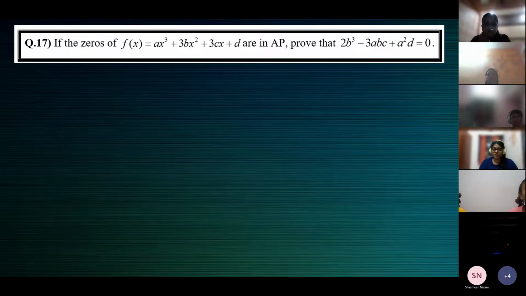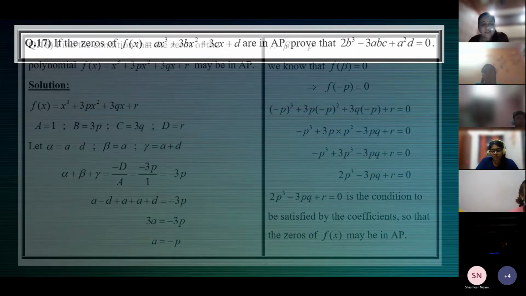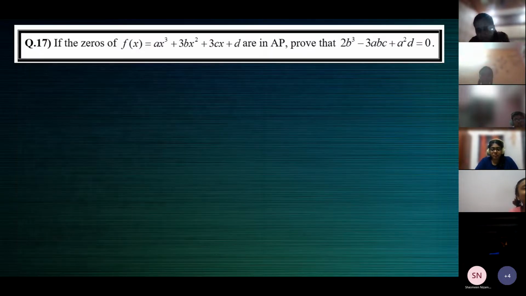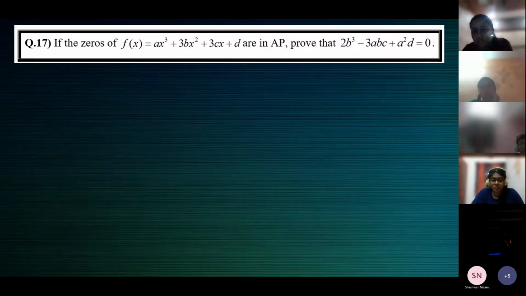Yeah, this is a similar one. You can try this yourself. Instead of asking you to find the condition, the question is just put in a different way. It is exactly like the previous one. Here they are asking you to find the condition, and here they have given you the condition: 2b cubed minus 3abc plus a squared d is equal to 0.